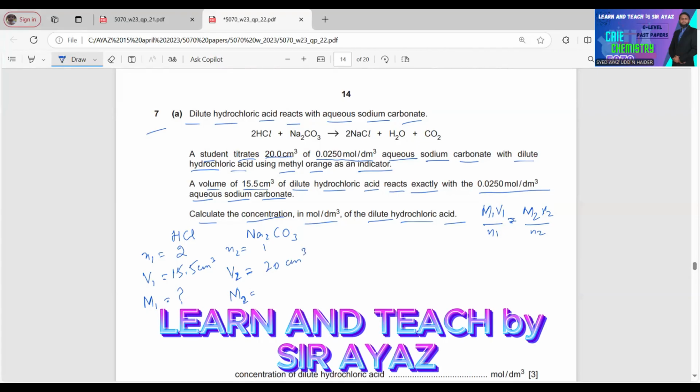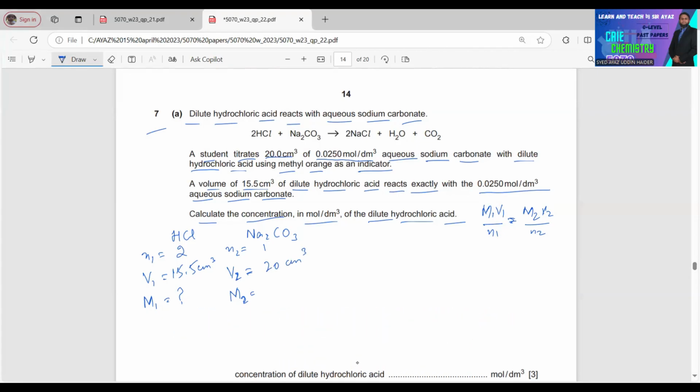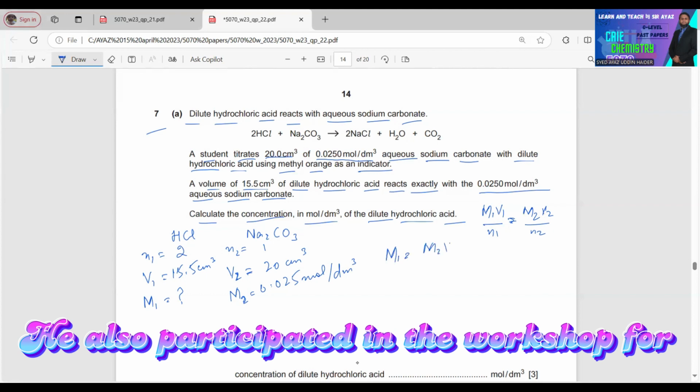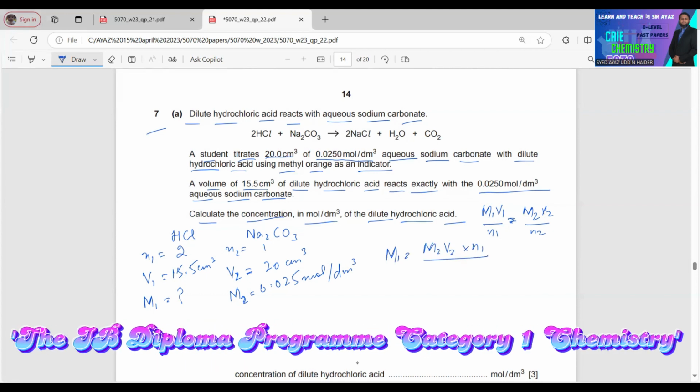And the concentration of aqueous sodium carbonate is 0.025 mole per dm cube. Now rearrange this equation in such a way that we can calculate M1. So it will become like this. M1 is equal to M2 V2 multiplied by N1 divided by V1 into N2.